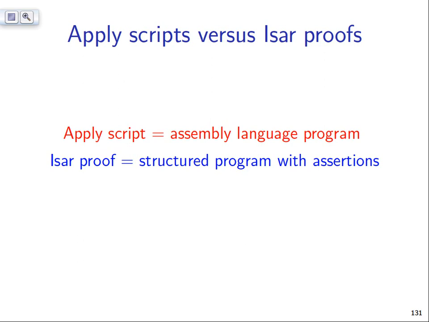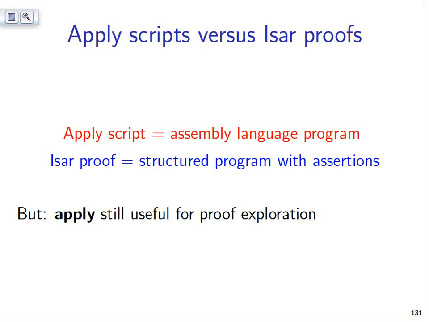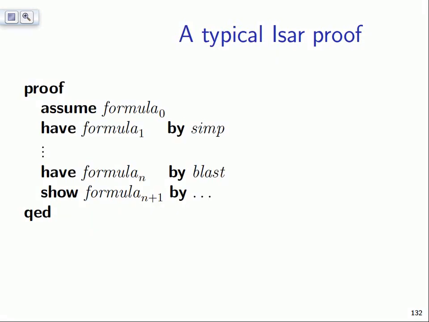And so without giving that additional information, structured programs are not that easy to read either. So this is why these Isar proofs contain a lot more information. They contain many formulas that show you what you are currently trying to prove, which is completely absent from an apply script. There you just have the commands, but what is being proved is implicit. But it's still useful to have these apply scripts to explore your proof and figure out what approach you should be using, so you don't completely forget about it.